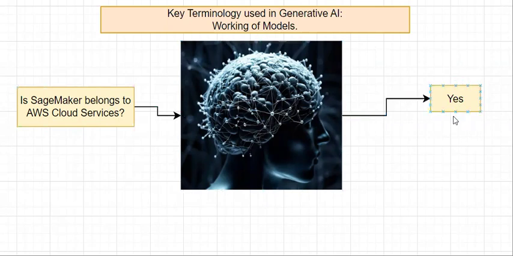Yes, it's one of the AWS services, and we use SageMaker to create ML models, or you can say GenAI applications, by using that AWS SageMaker service. So like that, he'll provide the answer.